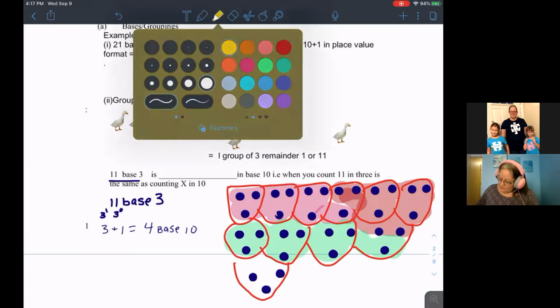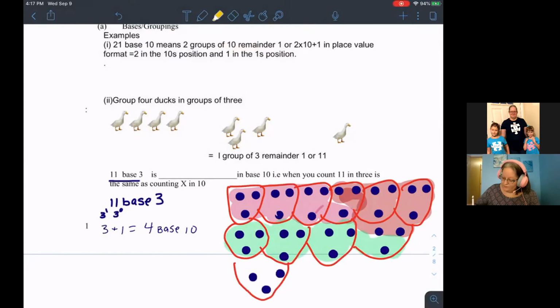And then let's do yellow. So then we have 3 left over. So 11 base 3 is the same as 4 base 10. I might have done that wrong.